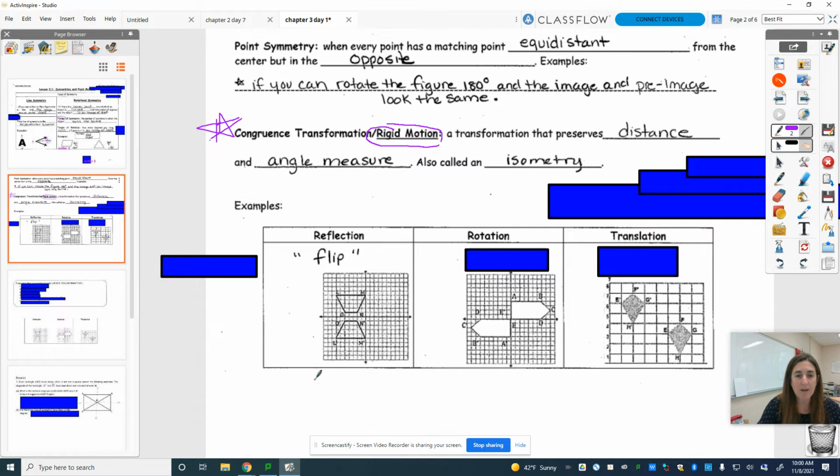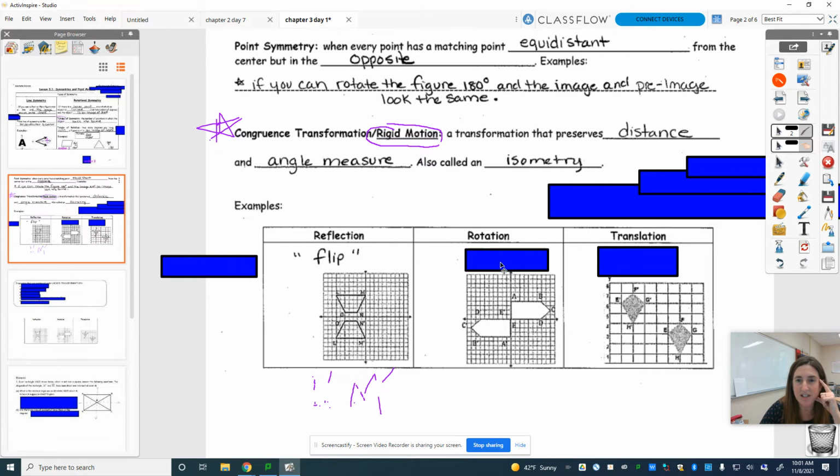So now it might be L with a little prime symbol at the top, or M with a little prime symbol at the top. It's kind of like an apostrophe, but not really, just a single one. All right, so that's a reflection.